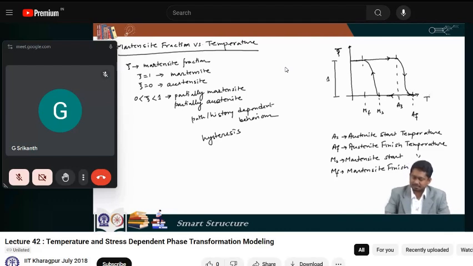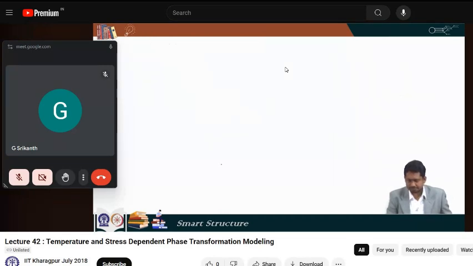Whereas this part between MS and MF and this part between AS and AF show some curved variation, and we need to mathematically model that. So there are different types of curves that have been fitted to it. Here we will talk about a curve that is based on cosine function.